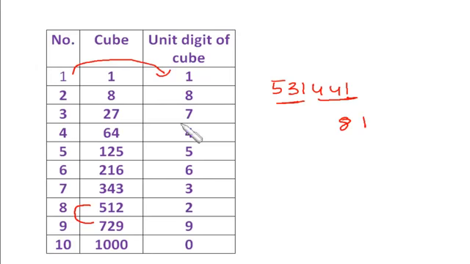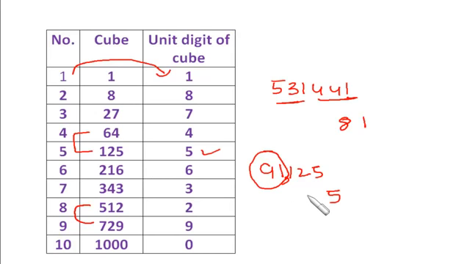I take one more number. It's 91125. The unit digit of the given number is 5, so its cube root will have the unit digit 5. Now 91 lies between the cubes of 4 and 5.